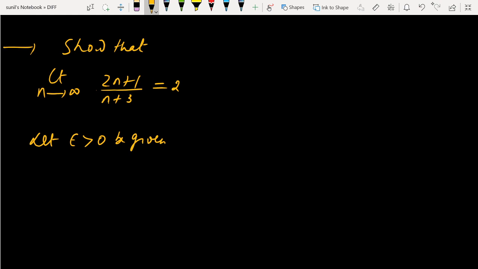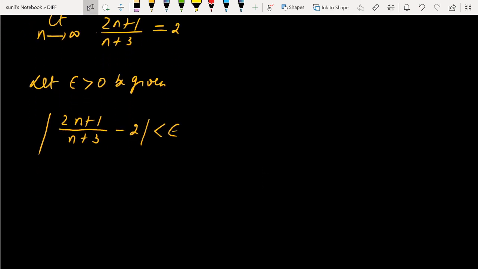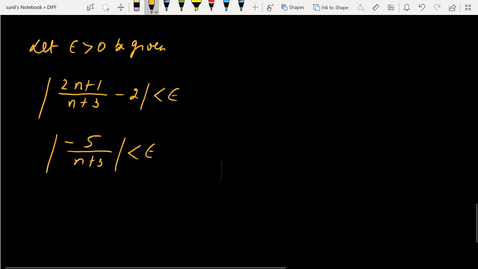Then mod (2n plus 1) upon (n plus 3) minus 2 is less than epsilon. Now our search is to find a suitable m. If I simplify it, I get mod 5 upon (n plus 3) is less than epsilon.